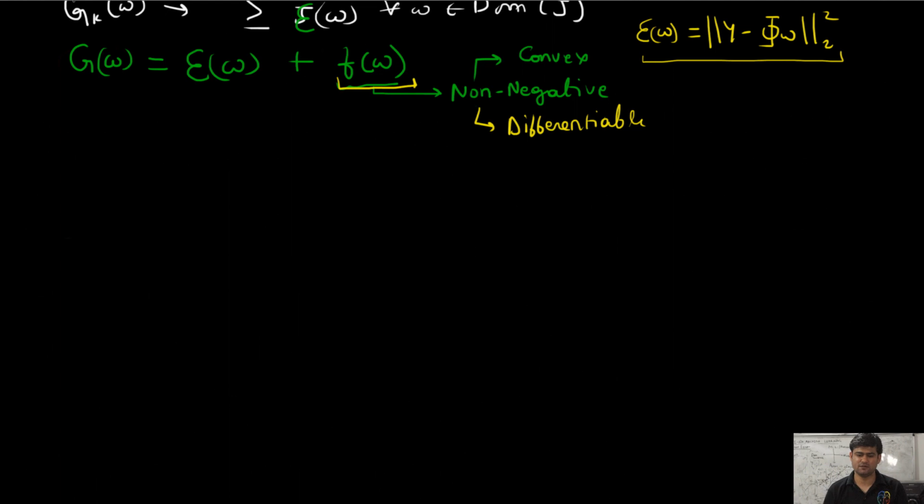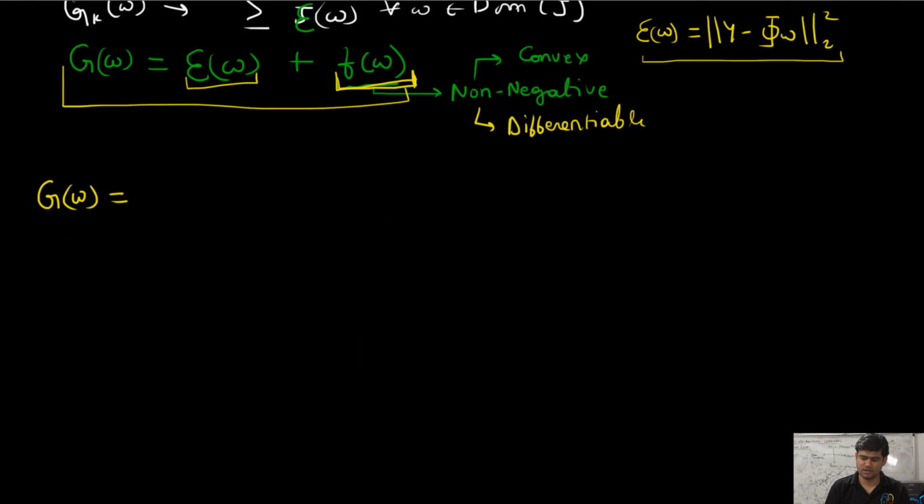We'll just state the function f of W that we select to minimize this loss function E of W by minimizing this function G of W. So here is a choice of our f of W. G of W becomes E of W, which is the norm of y minus phi times W squared, plus W minus Wk, where now we can incorporate the iteration number k because here we will have dependency on the kth iteration.